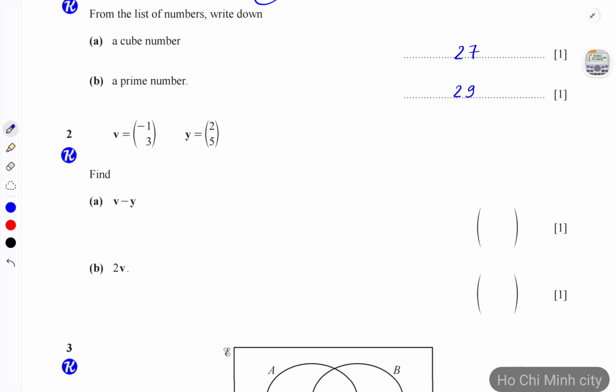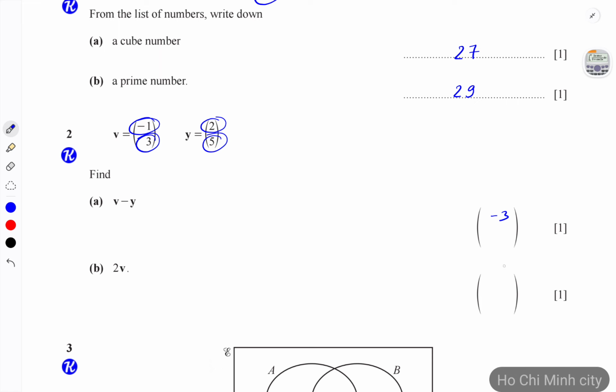All right, question 2. We have 2 vectors and we have to find out the difference between these 2 vectors. So simply just take the x values minus together, and we have -1 minus 2, which is -3. And then take the y minus the y.